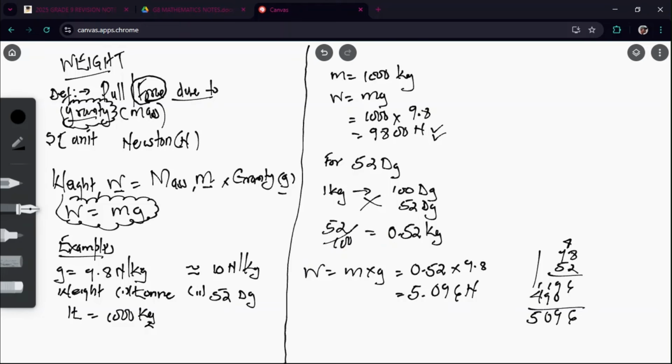And lastly, I want us to talk about density. The last part is density of a substance, and the symbol for density is rho.